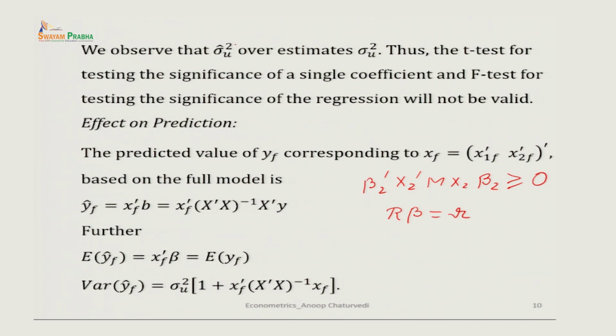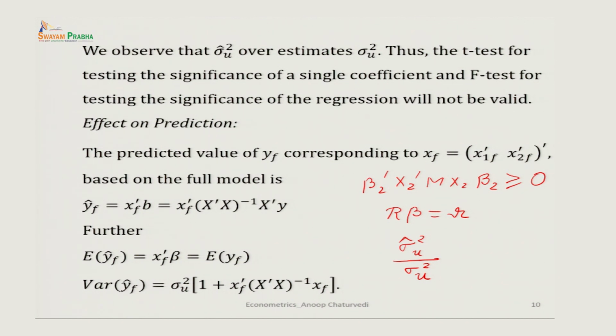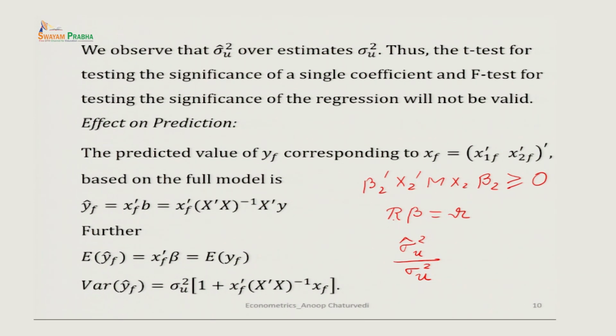But this estimator is biased here, and if you look at the distribution of sigma hat square u divided by sigma square u, it is not the central chi-square distribution even under H naught, under the assumption that R beta equal to small r. This does not follow central chi-square distribution, its distribution is non-central chi-square. So, the test is not valid.